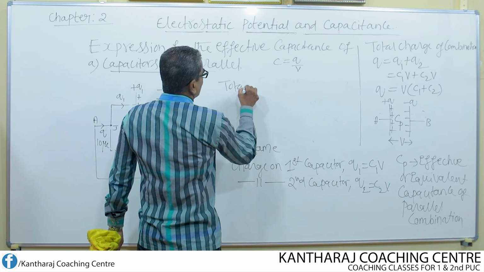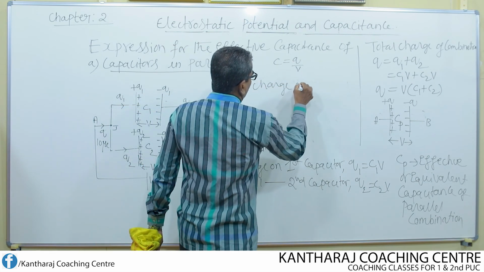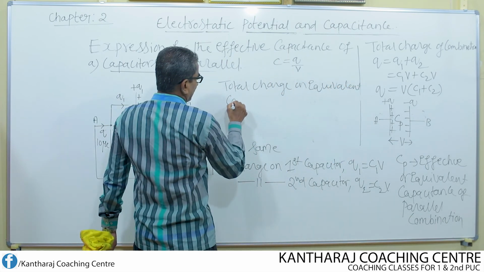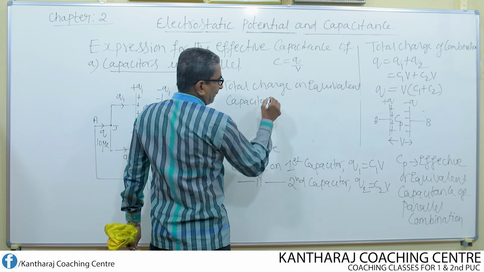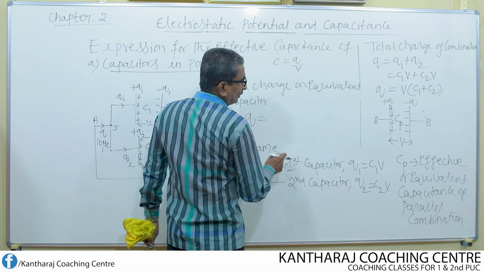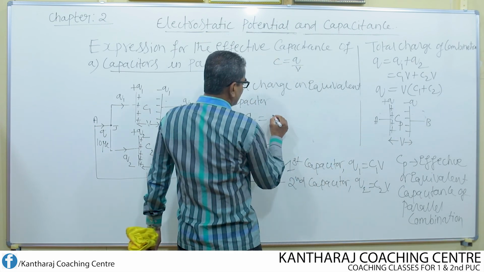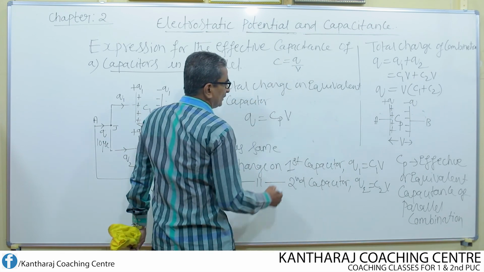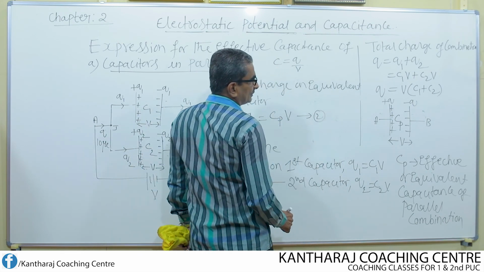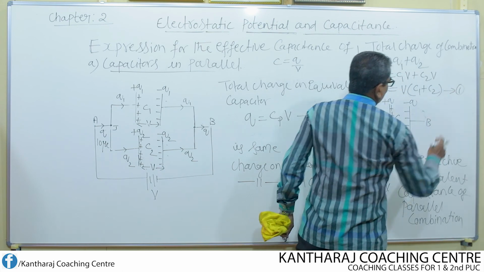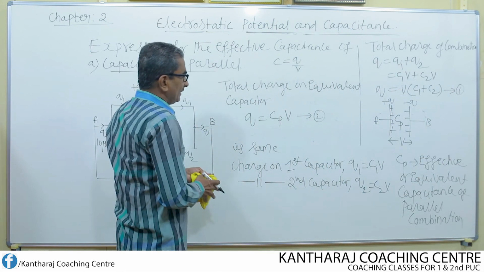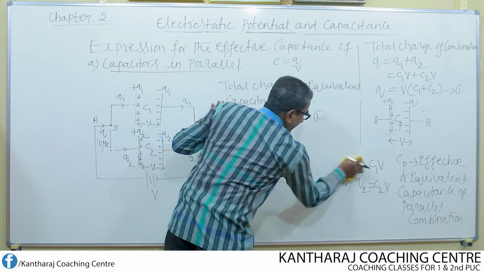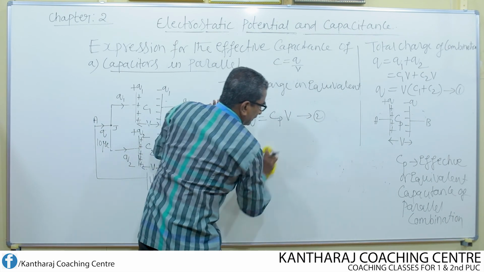Total charge on equivalent capacitor is Q equal to Cp into V, the potential difference. Call this equation 2 and the earlier one equation 1. Now you compare equation 1 with equation 2. If I compare, then what do I get?